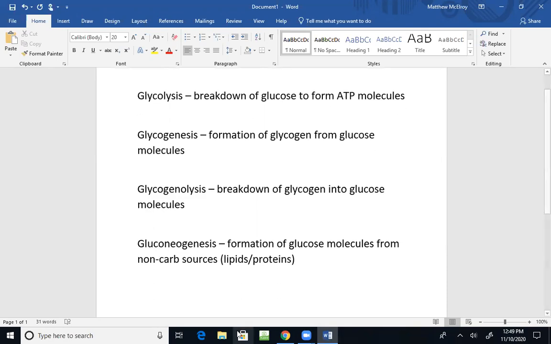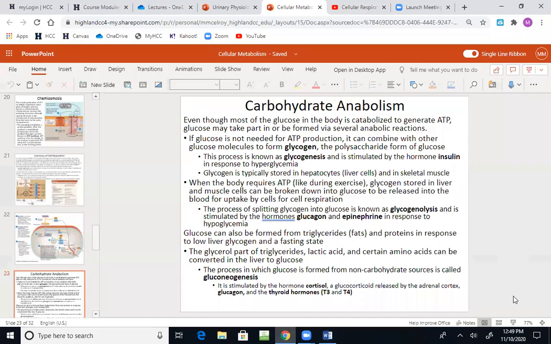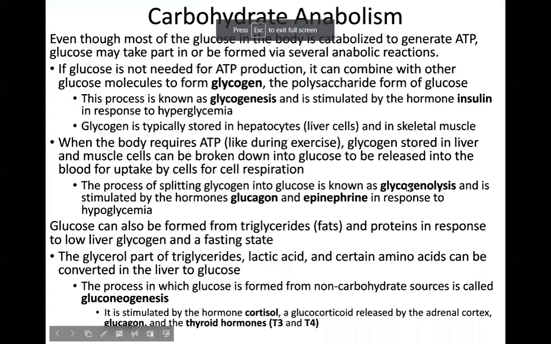We'll add to our list here more in a second. Okay. Now, we do glycogenesis as a way to store up our glucose in high quantities. That way, when we need it, we can call on it. Okay. Now, the title of this slide says carbohydrate anabolism, but this bullet here and this bullet here is actually an example of carbohydrate catabolism.